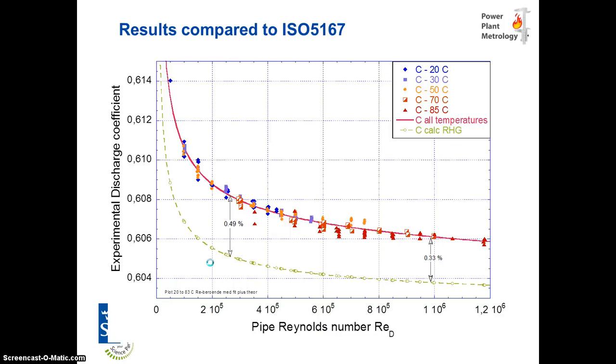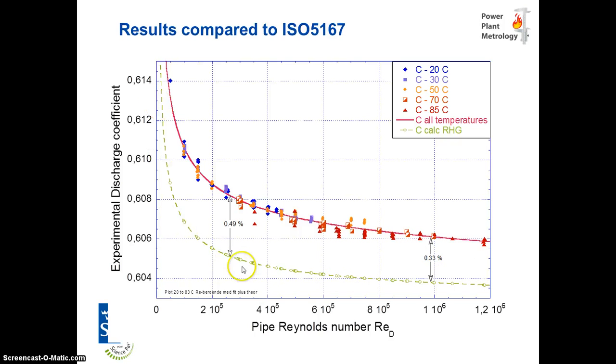But with this one, for the Orifice plate, we did a lot of measurements. We changed the Reynolds number up to 1.2 million, and we changed the temperature, using a lot of different temperatures between 20 and 85 degrees. So all those dots are the measured values. The red one is our extrapolation model fitted to all of these, and the green one is the Reader-Harris-Gallagher equation.